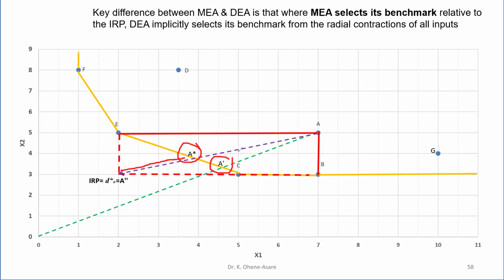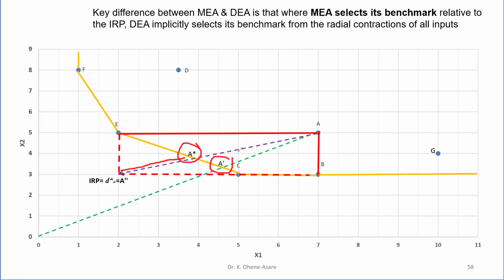By the way, why are they all called targets? Because they are all imaginary or virtual DMUs. Yes, the key is that they are on the frontier: imaginary virtual DMUs on the frontier.